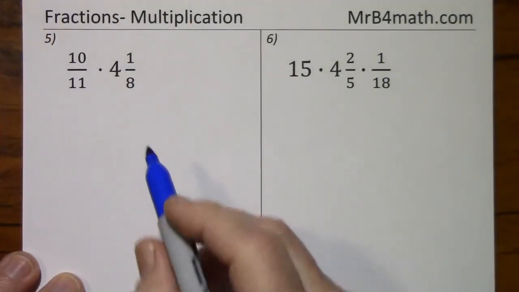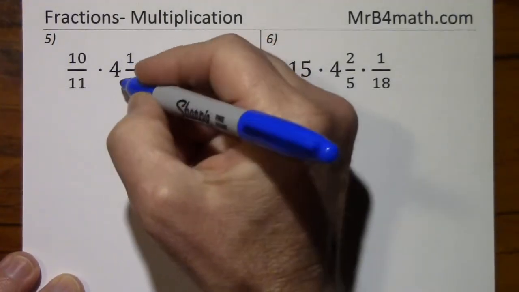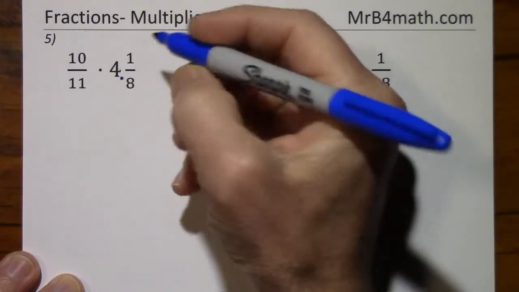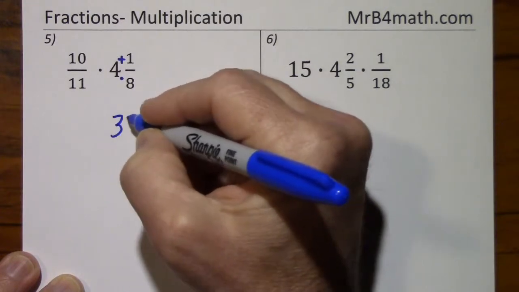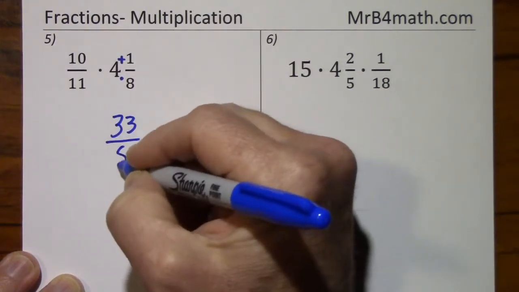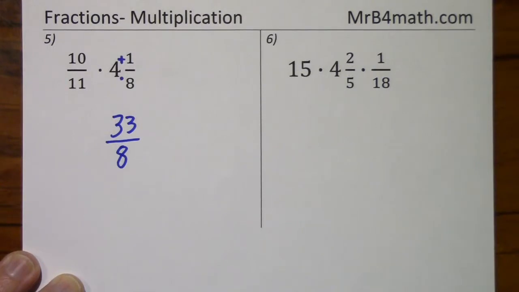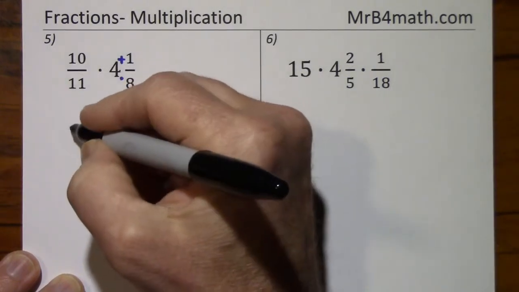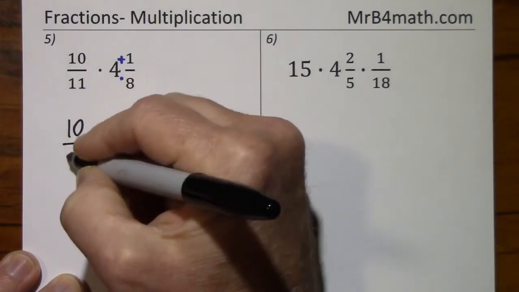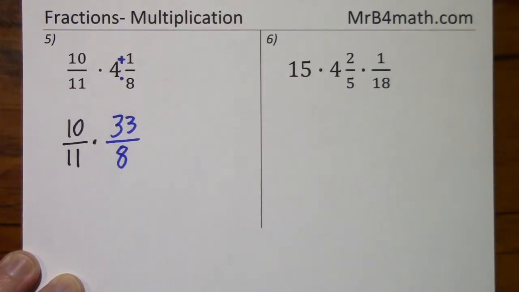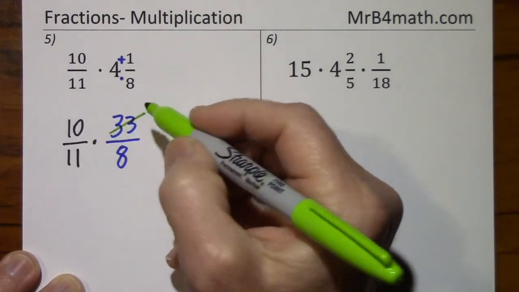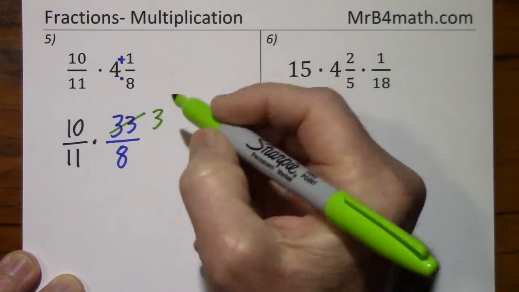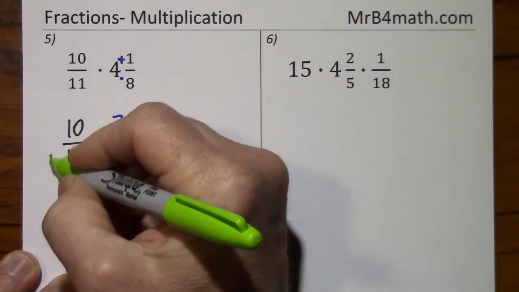We'll work on 2 more. 8 times 4 is 32, plus 1 is 33. We can reduce diagonally with a common factor of 11. 11 goes into 33 3 times. 11 goes into 11 once.